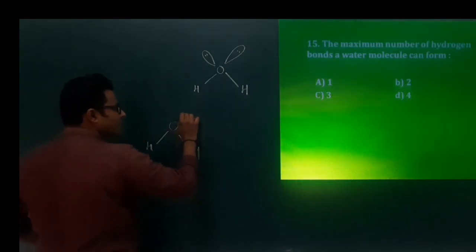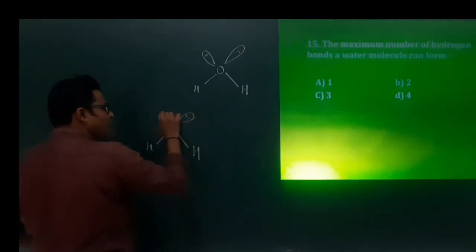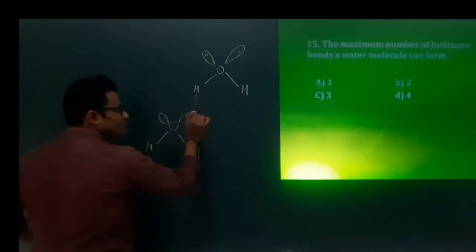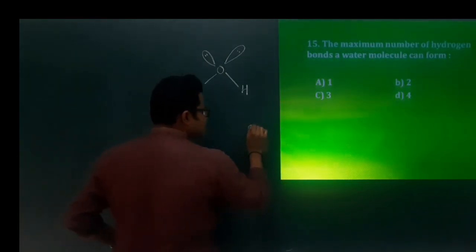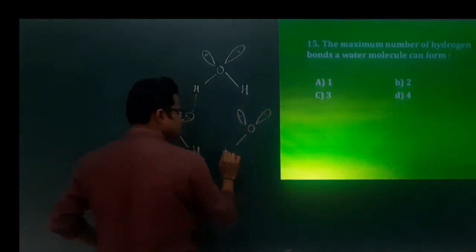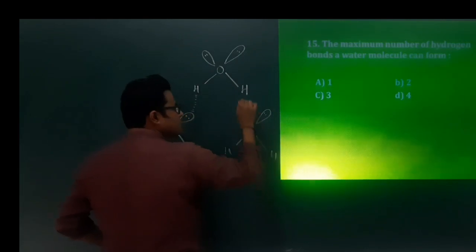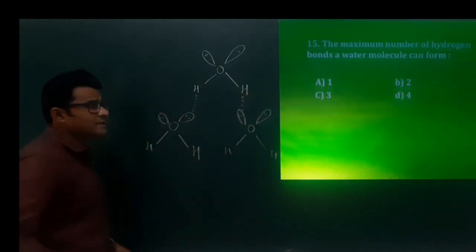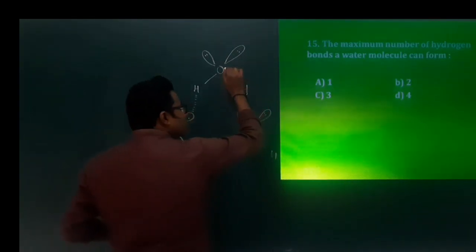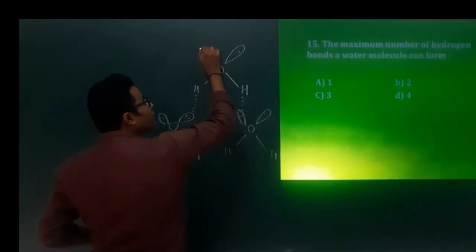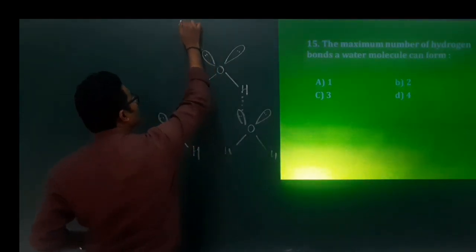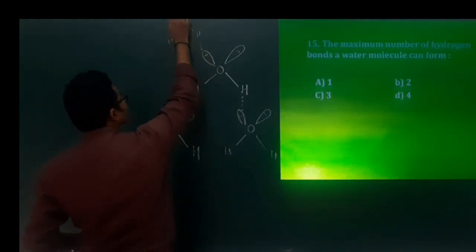These lone pairs of electrons will attract the hydrogen. Similar is the case with the other adjacent water molecule. These are the hydrogen bonds. Similar is the case about this oxygen; it forms hydrogen bonds with the adjacent water molecules.